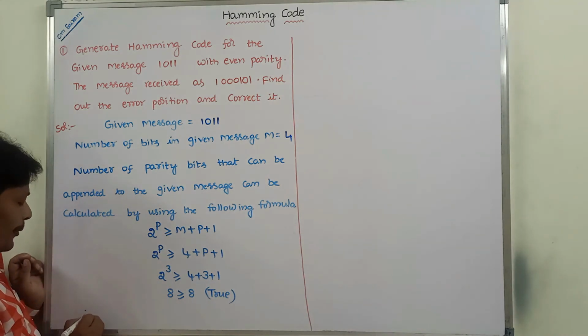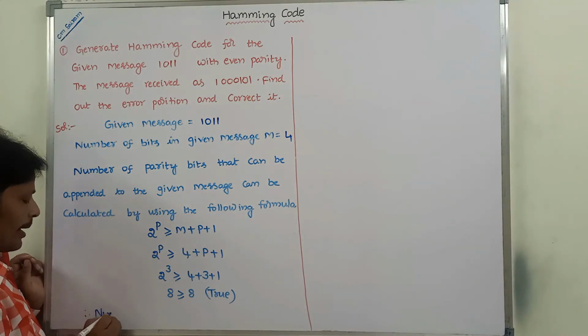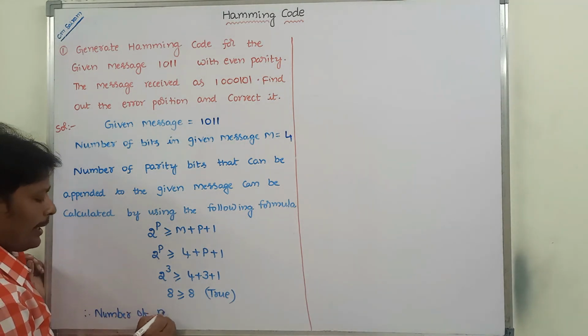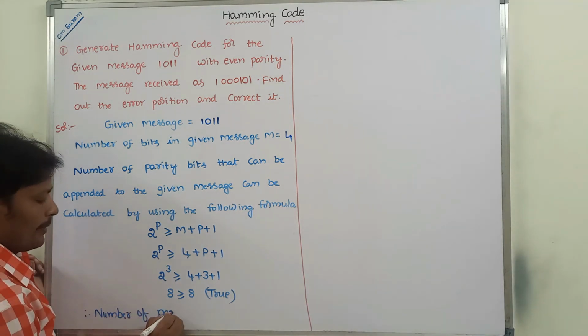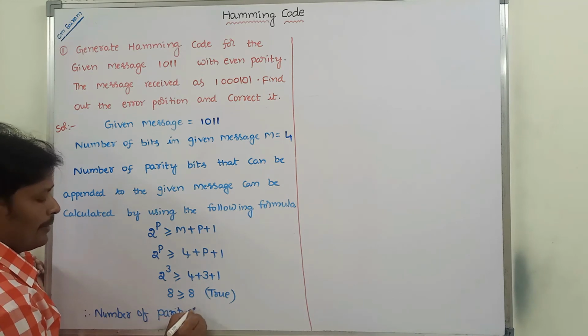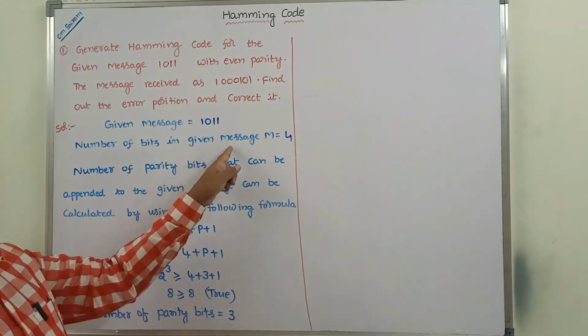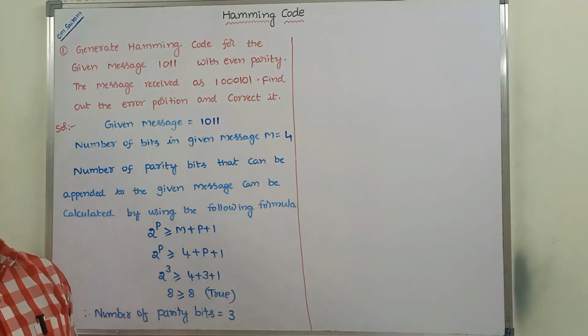Therefore, the number of parity bits is equal to 3. Message bits is 4 and parity bits is 3.